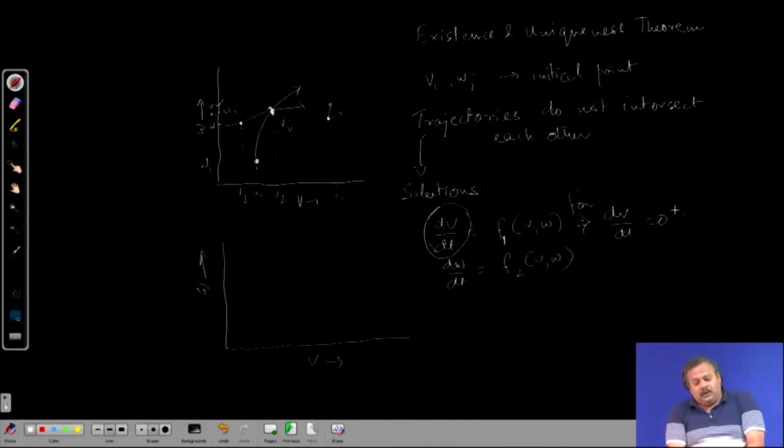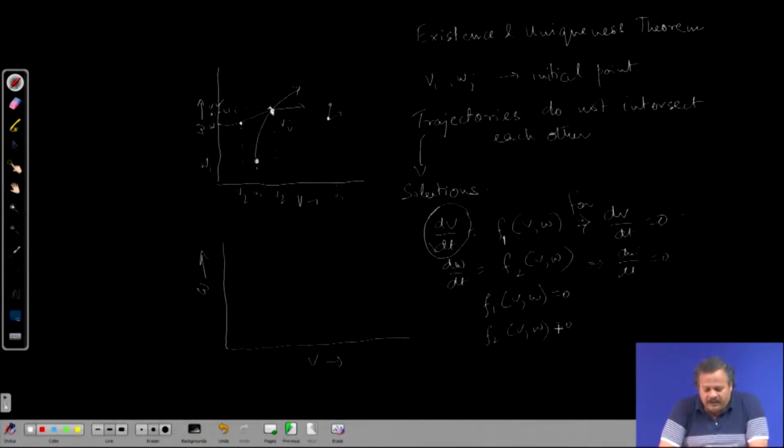So, for dV/dt equal to 0, we need F1(V, W) equal to 0, and so this essentially is a relation between V and W, and that will be a curve in this phase plane. Similarly, if we think about dW/dt equal to 0, that means that F2(V, W) is equal to 0, and that would be another curve in this phase plane.